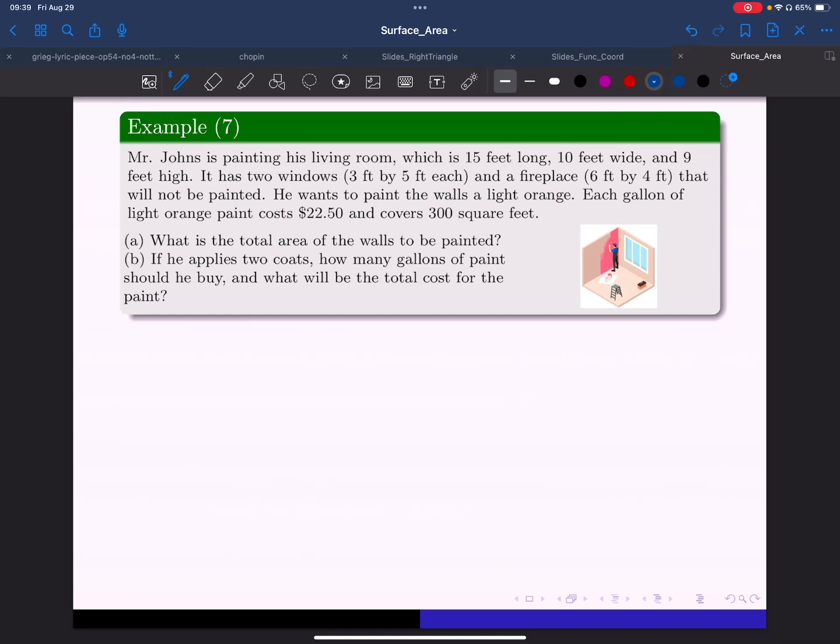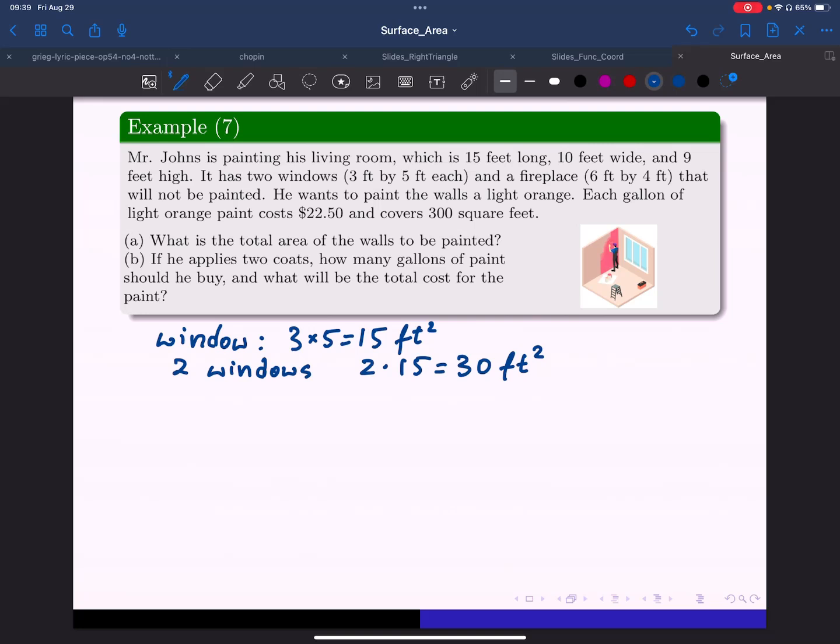So let's calculate first the area of the window. The window is 3 by 5. So the window is 3 times 5, which is 15 feet square. And we have 2 windows, so 2 times 15 will be 30 feet square, of course, right?